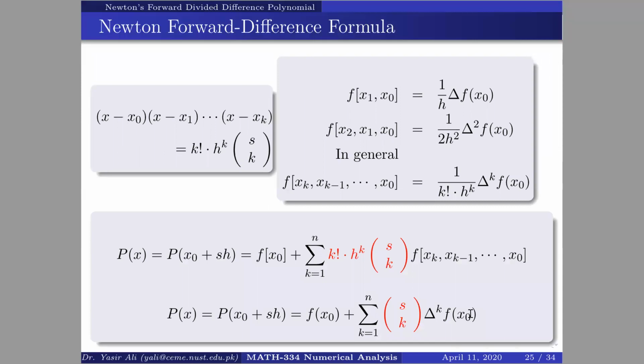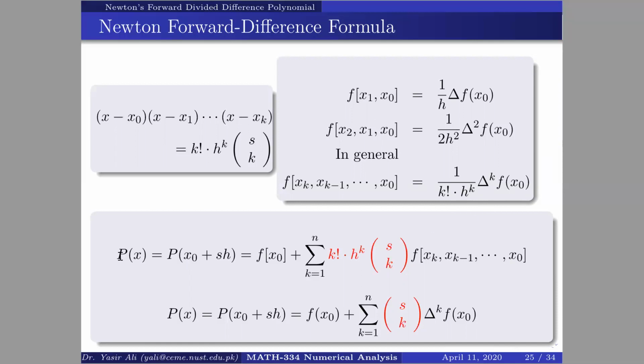So if I summarize, I can write that the product can be written as k factorial h power k into s c k, whereas these differences may be written as 1 over k factorial h power k into the difference of order k of f x naught.